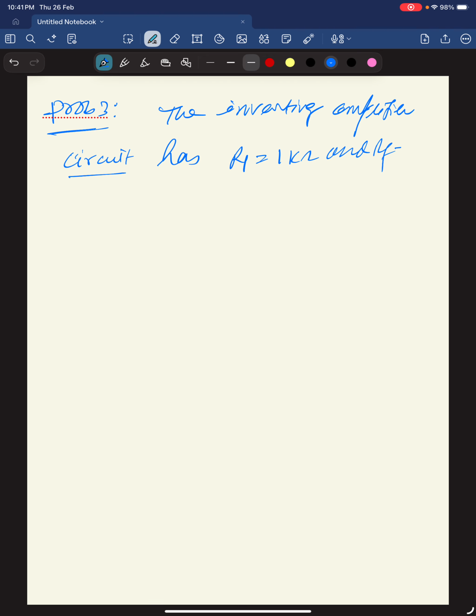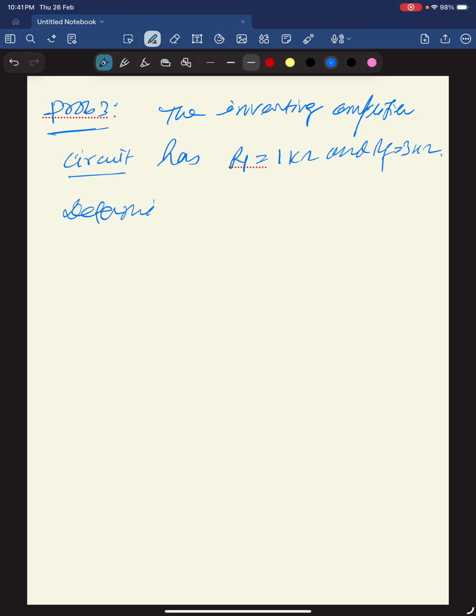The inverting amplifier circuit has R1 is equal to 1 kilo ohm and RF is equal to 3 kilo ohm.